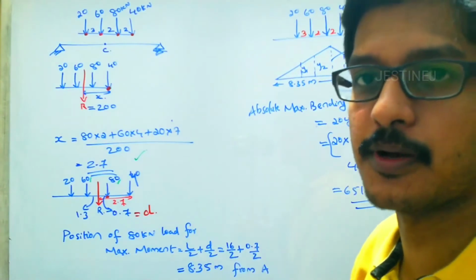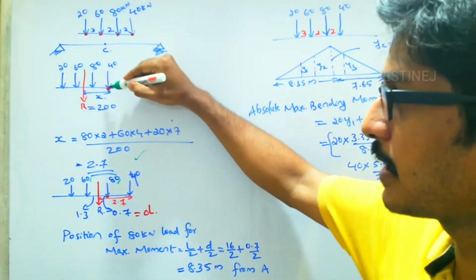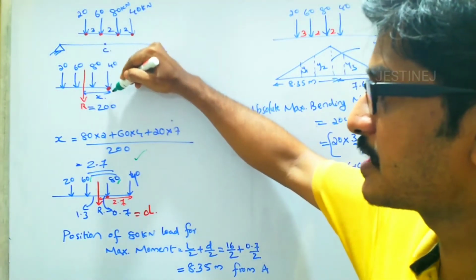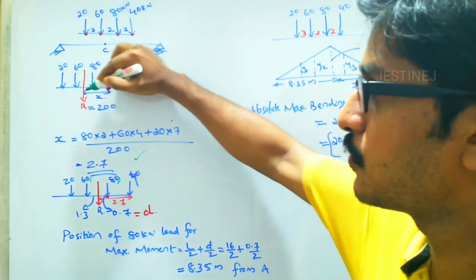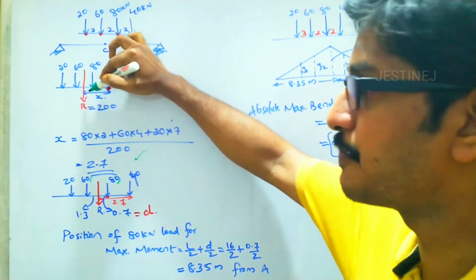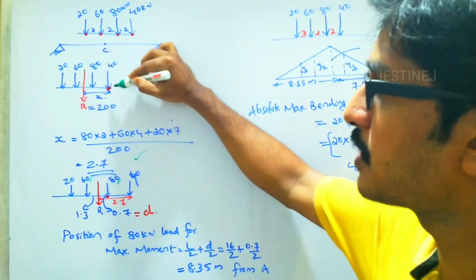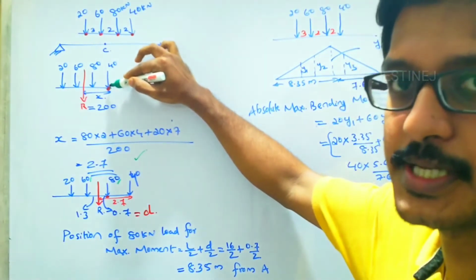Taking the position from the end point, let the distance be x, and take the moment about the point where the 40 kilonewton is acting.